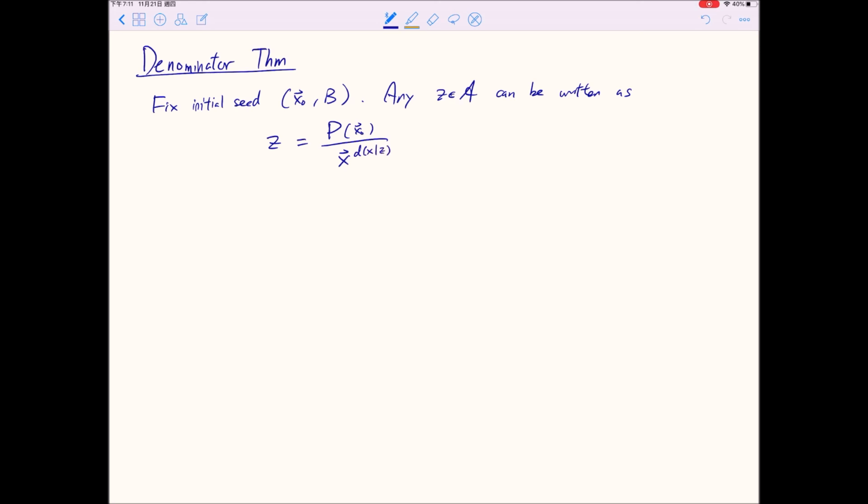This term here will be the denominator vector, and we want to describe this vector.